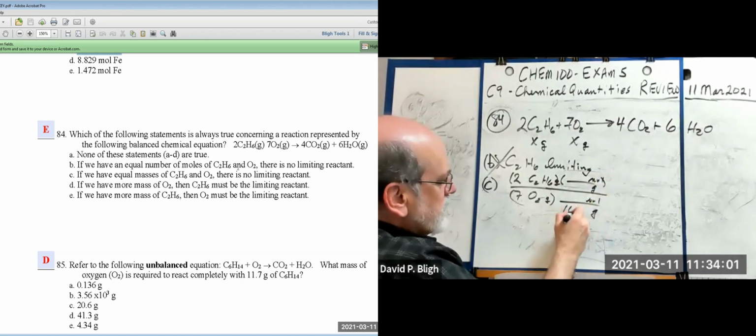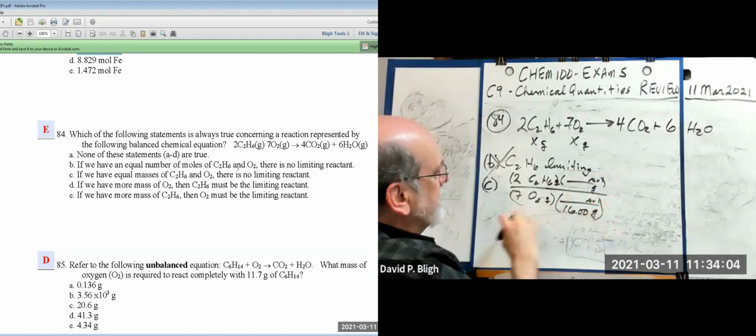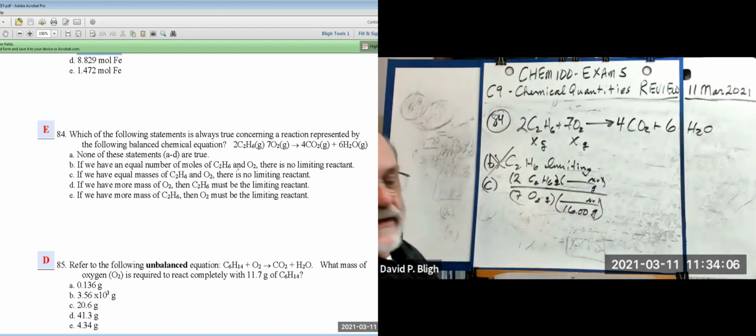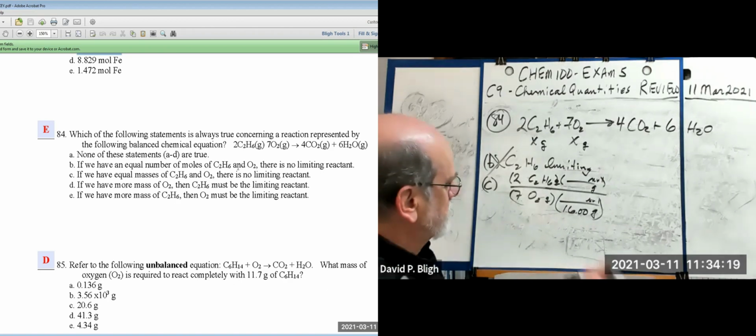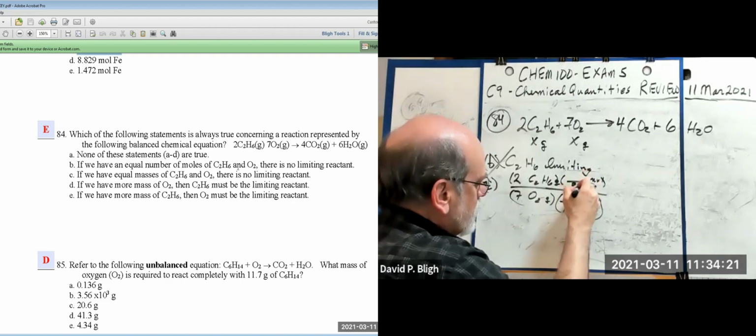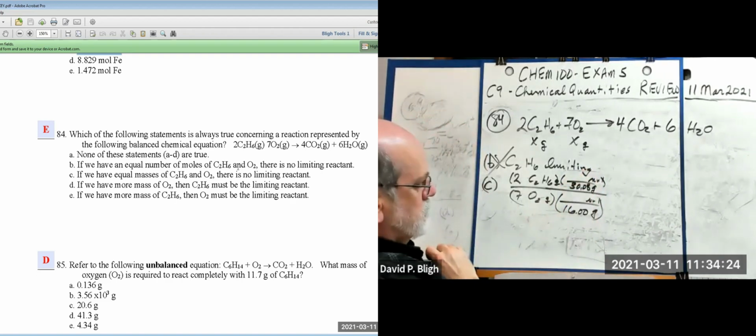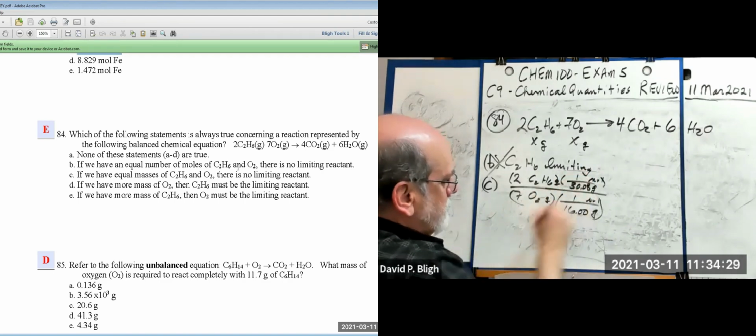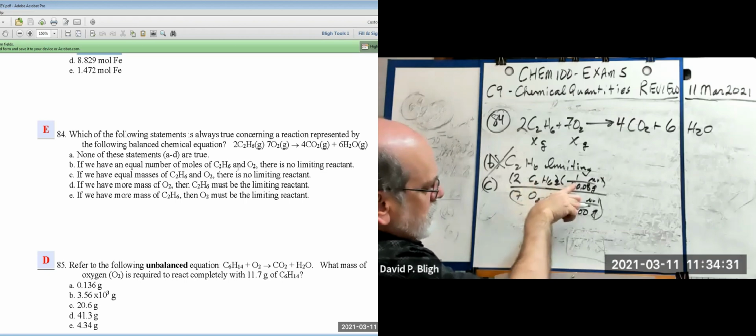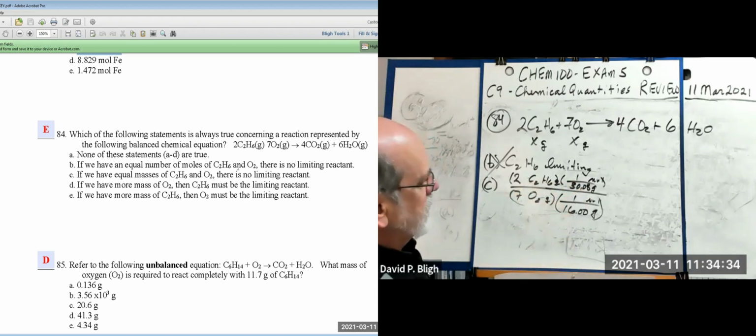So oxygen is 16. Ethane is, let's see, 12.01 times 2 for carbon, and then 6 hydrogens, is 30.08. Right? So this is 2 over 30.08 divided by 7 divided by 16.